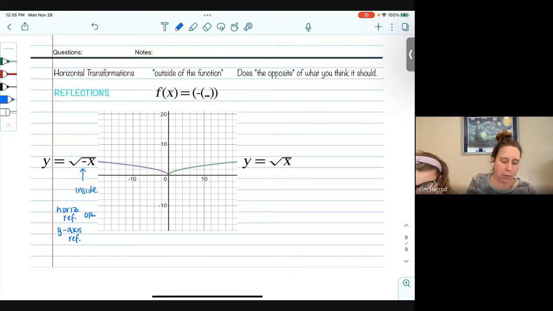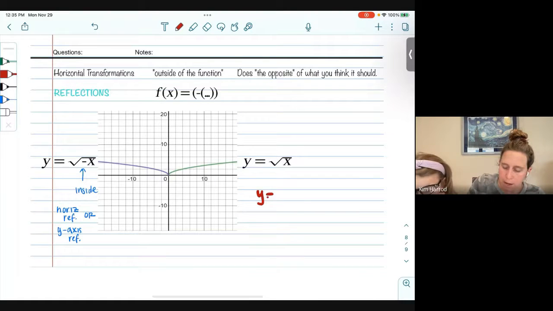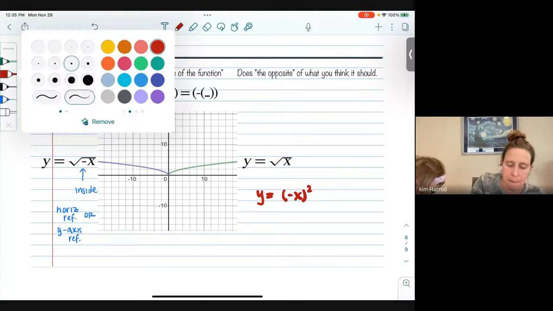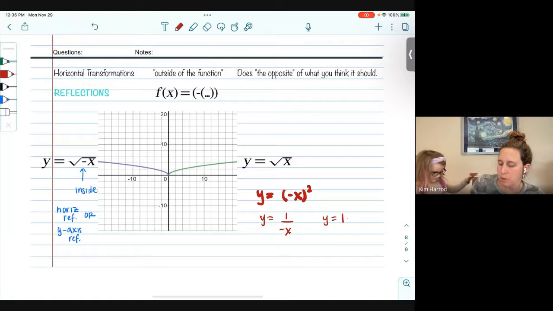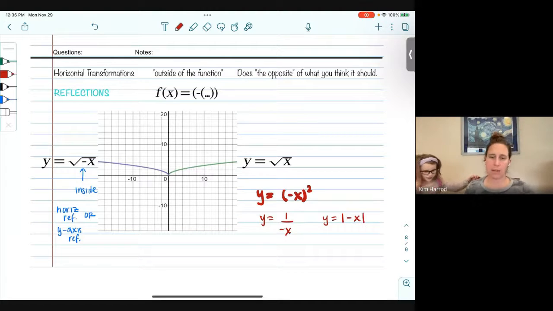So I'll write out a couple of different equations that would be an example of an inside. Let's say we could have y equals negative x, squared. That's on the inside. We could have y equals 1 over negative x. We could have y equals the absolute value of negative x.